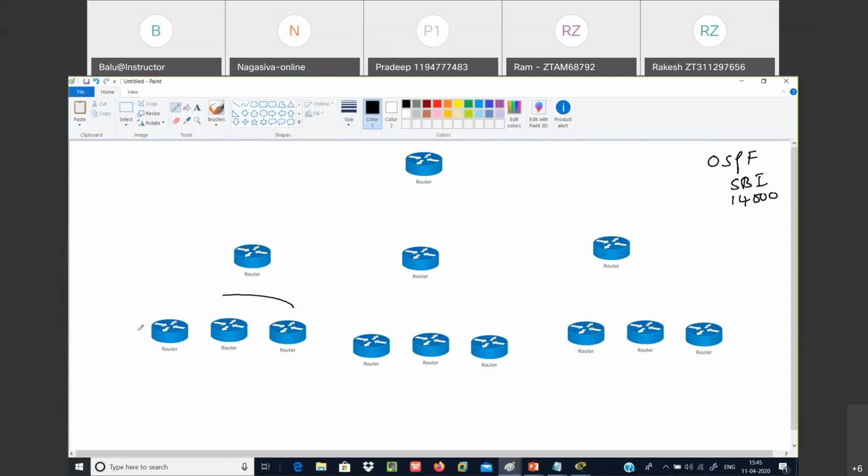So let's say this is my head office main, the SBI core router.